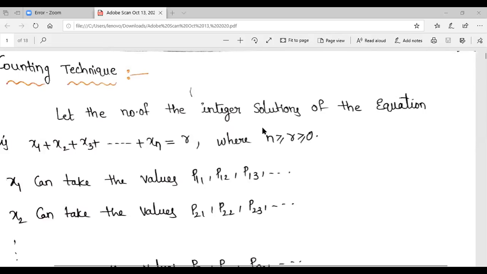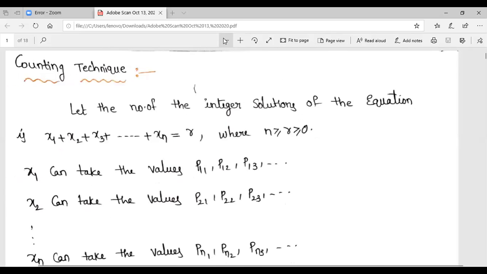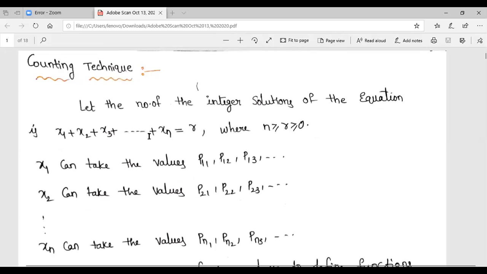Let the number of integer solutions of the equation x1 + x2 + x3 + and so on + xn = r, where n is greater than or equal to r, which is greater than or equal to 0. Here x1 can take integer values depending on the given constraints.